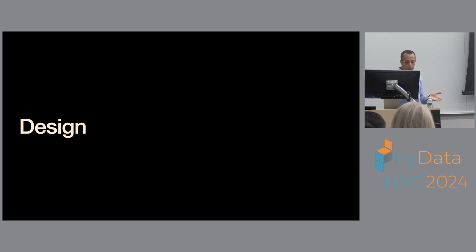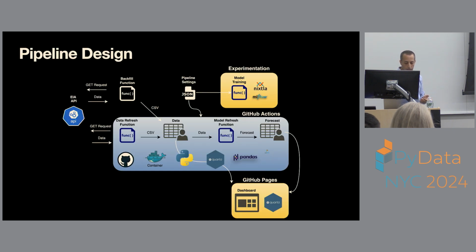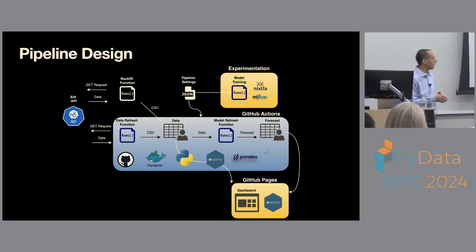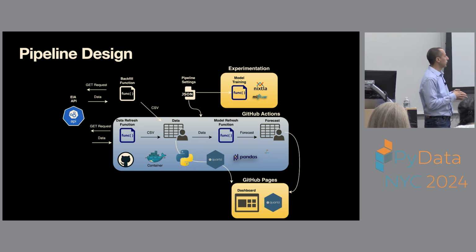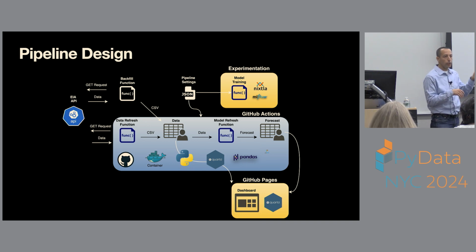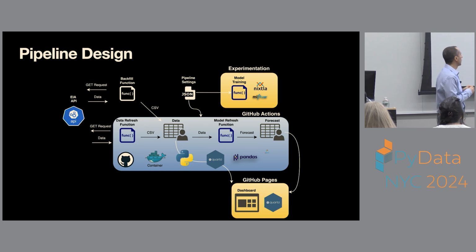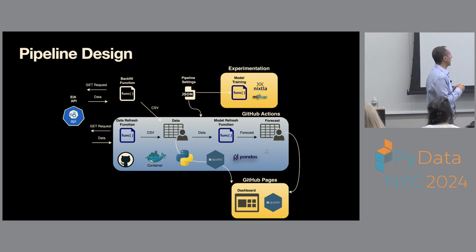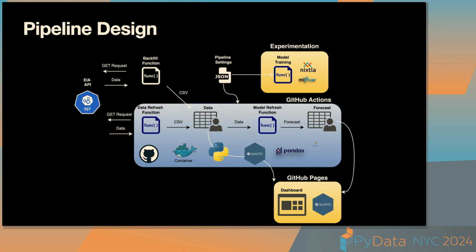So let's talk about design. That's generally the design I use for setting up this pipeline. It might be overwhelming, but we will go through each component and dive into it. Generally, the data is coming from an API. This is the GitHub Actions component, and there is the deployment of the dashboard using GitHub Pages.